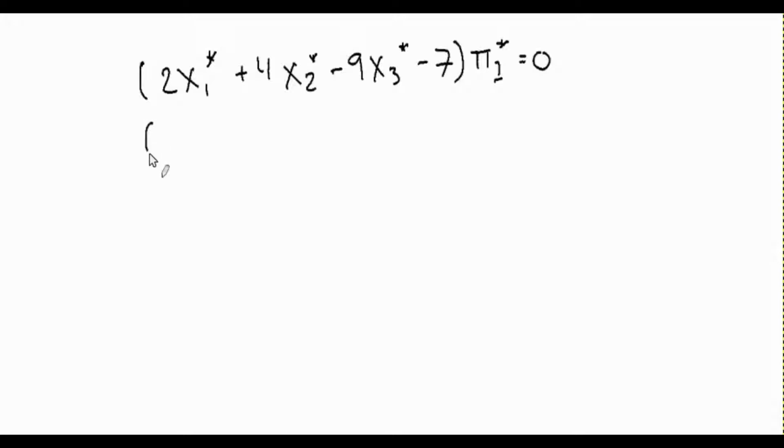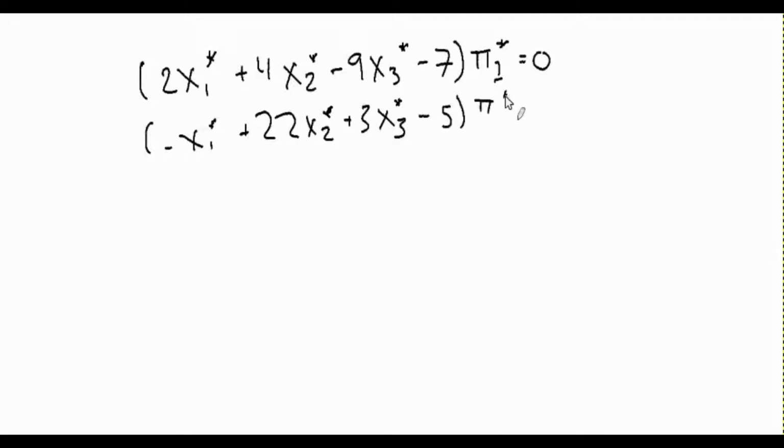And now below that we have (minus x1 star plus 22 x2 star plus 3 x3 star. We bring the right hand side over, minus 5) times pi star sub 2 equals 0.